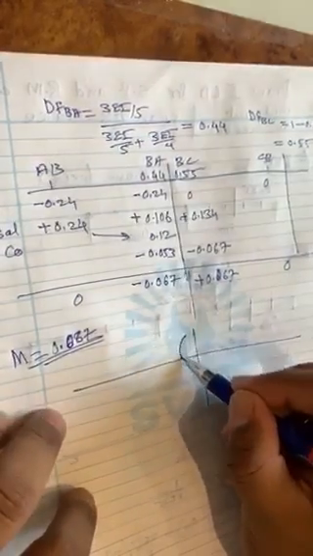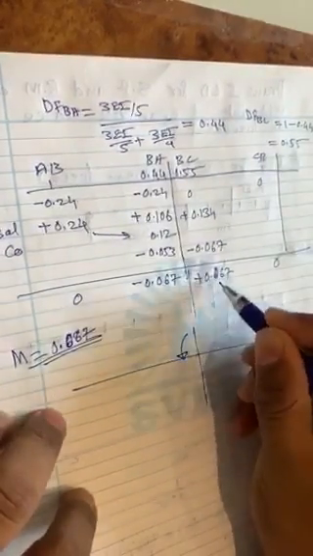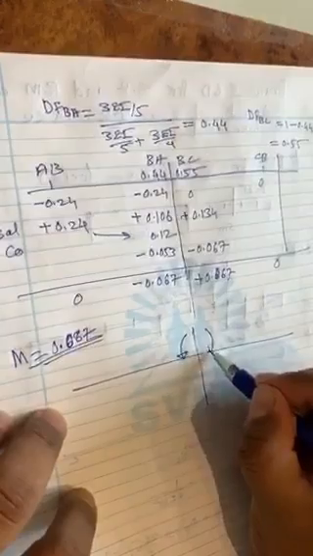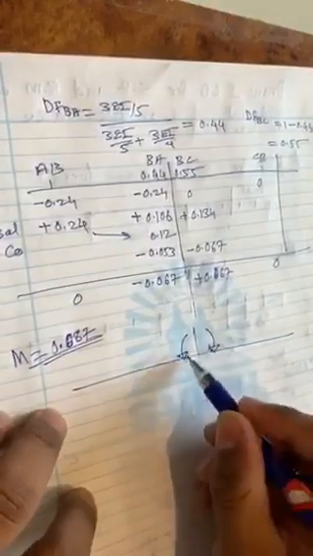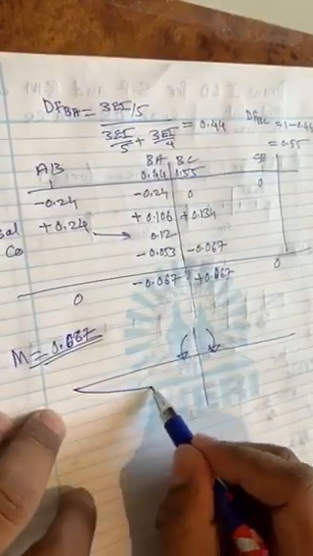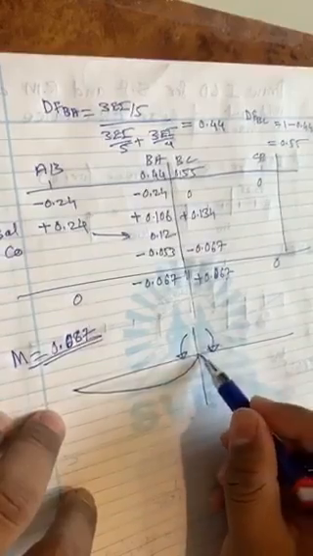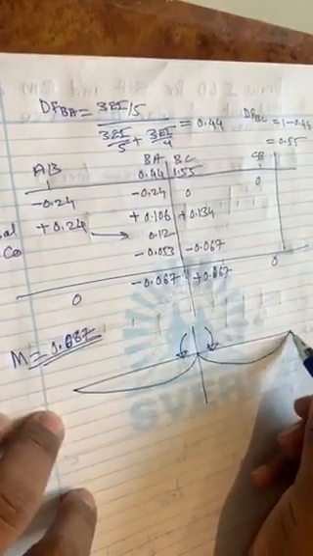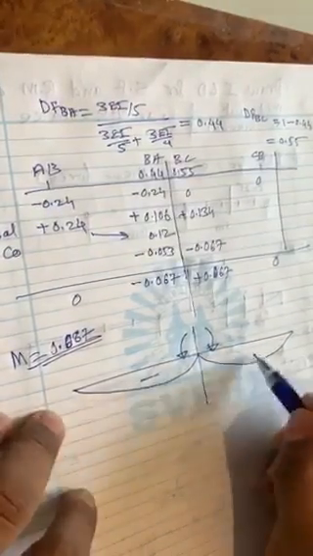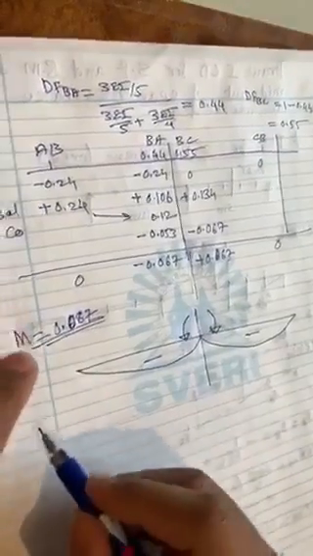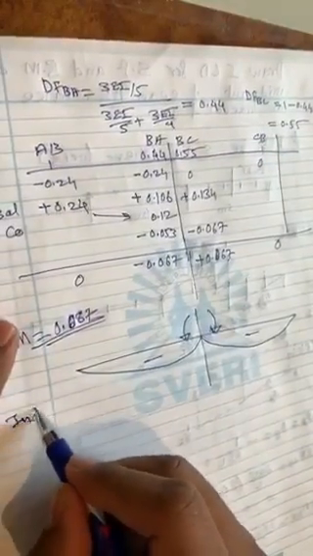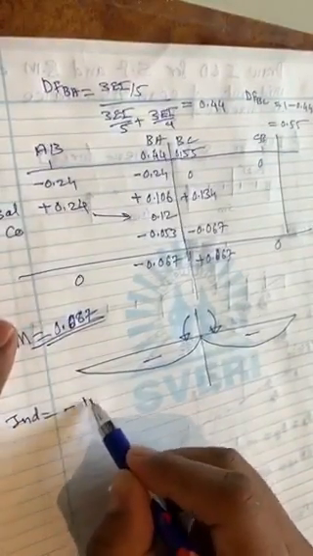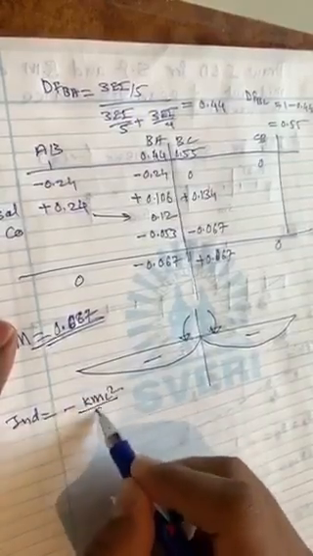So you can show the anti-clockwise arrow this way, and this is going clockwise, so show this as a clockwise value. What is this arrow doing? This is pushing the beam downward, so it will create minus. So the indeterminate displacement will become minus k m L square by EI.